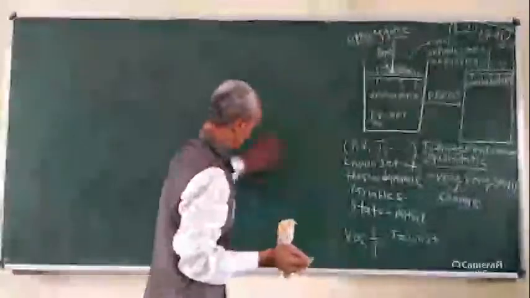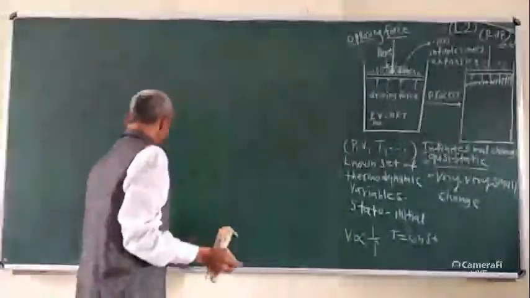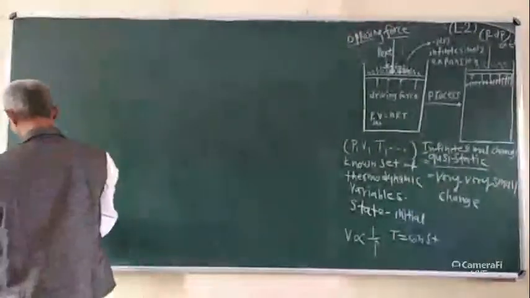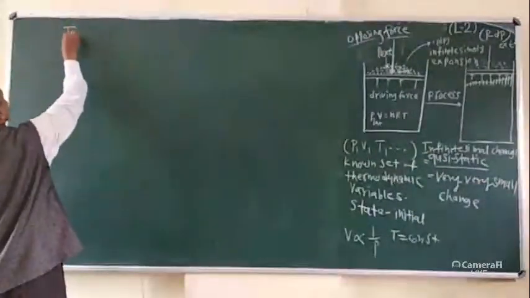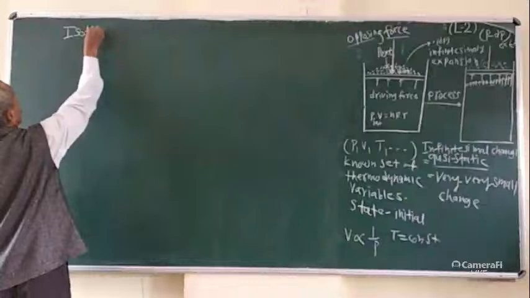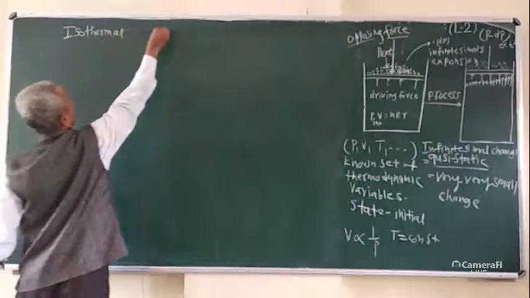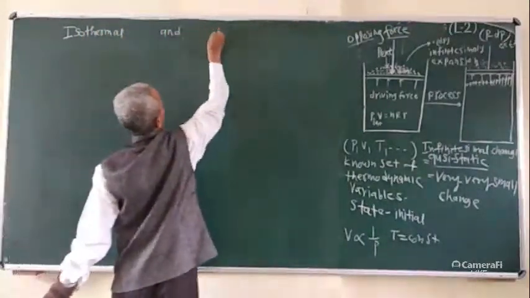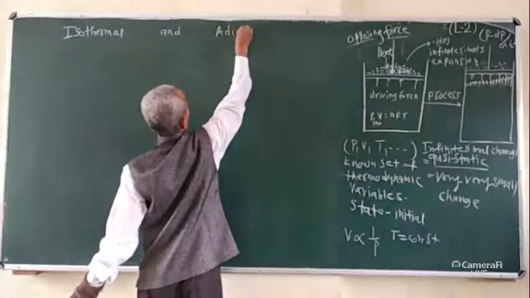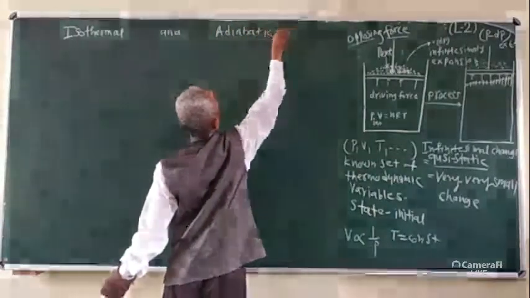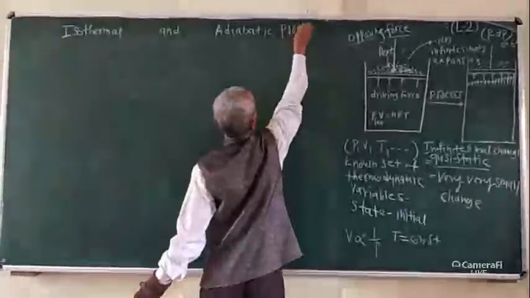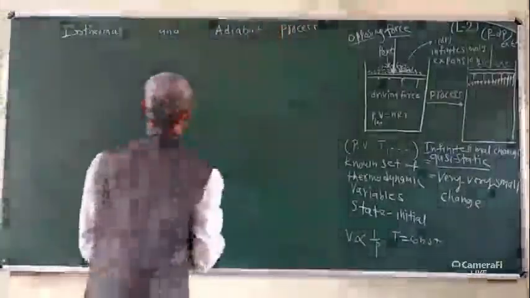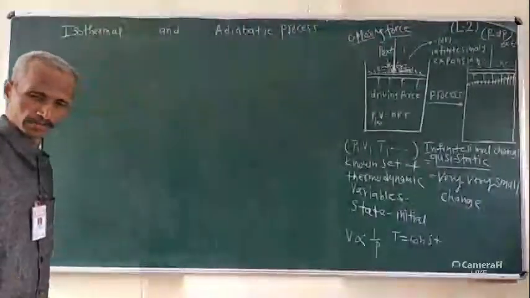Now, what is meant by an isothermal process? Iso means the same. Isothermal and adiabatic processes.